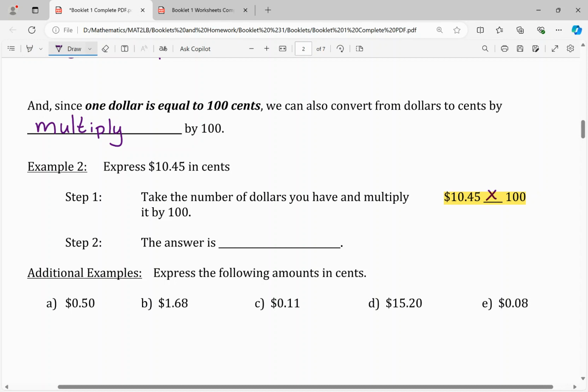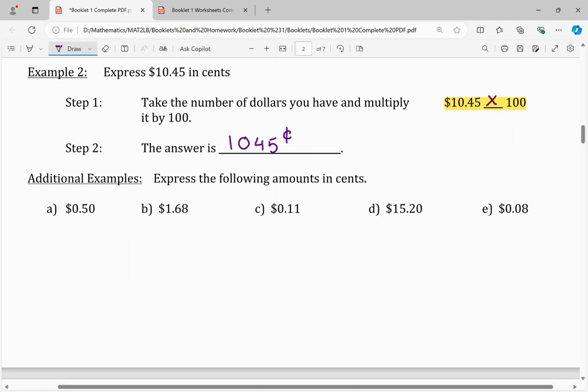Your calculator will tell you that the answer is 1,045, in this case, cents. So $10.45 is the same thing as 1,045 cents.